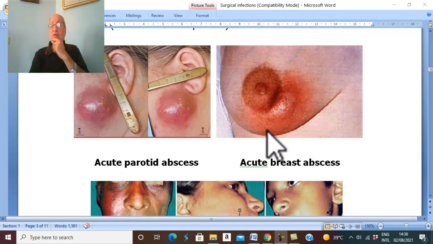Therefore, we perform a counter incision in the area corresponding to the first incision, on the under surface of the breast.